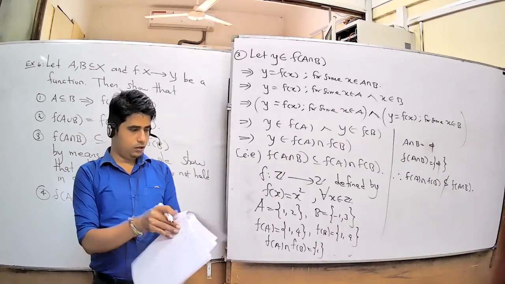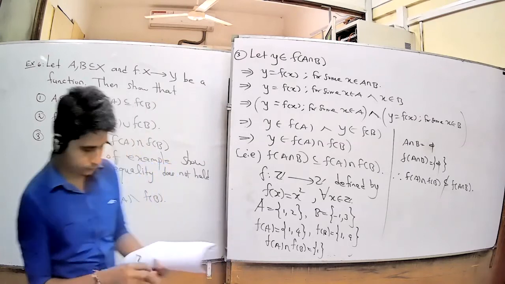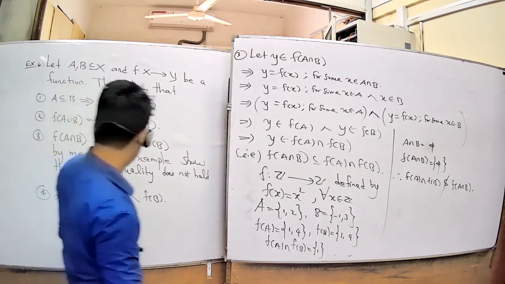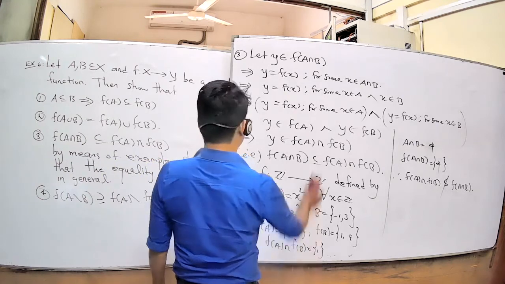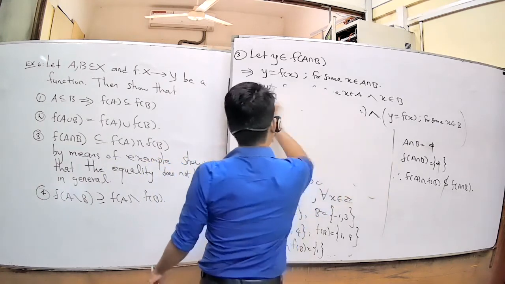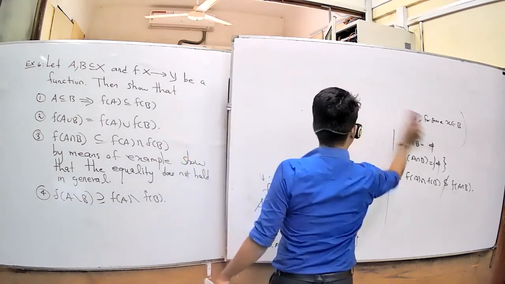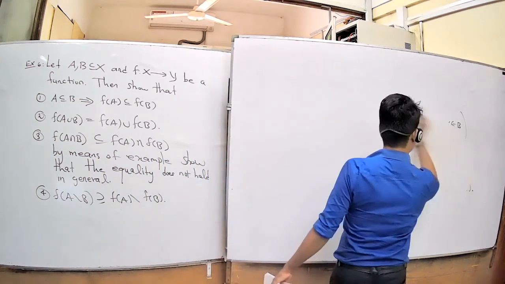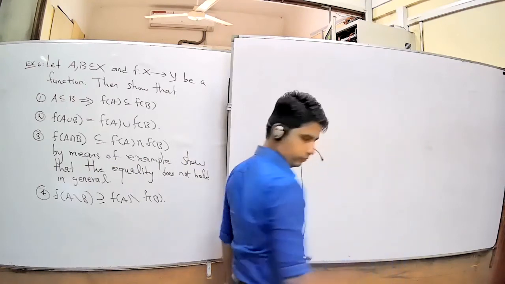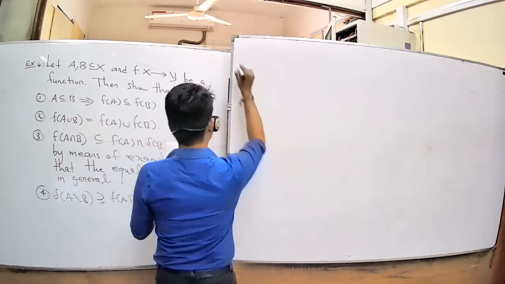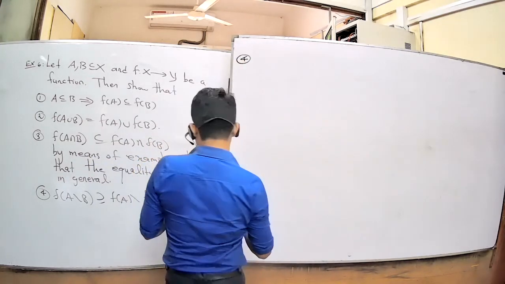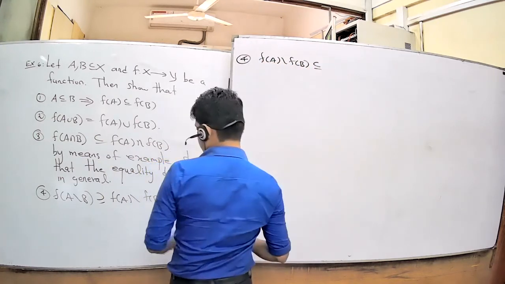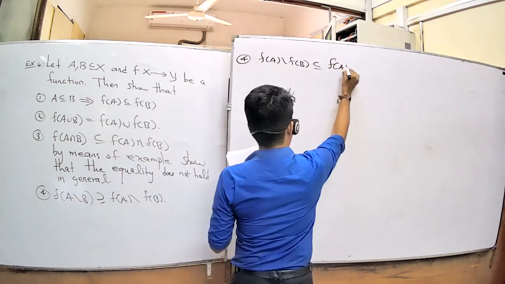Now, the last part. The last part, you want to show that f of a minus f of b is a subset of f of a minus b.